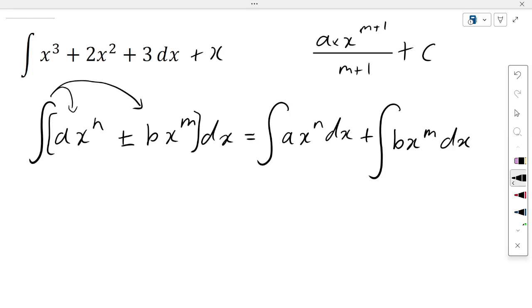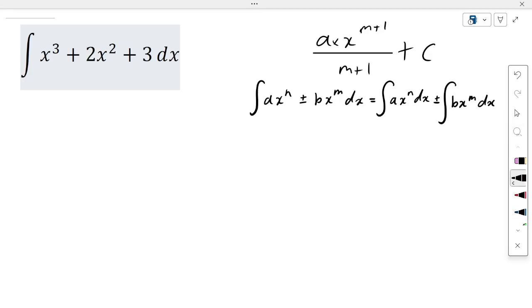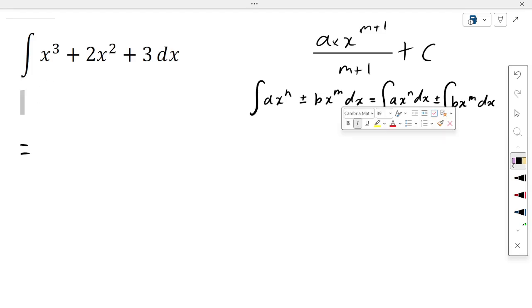So let's use this method to answer this question over here. I obviously left this over here so that we can make reference to it. So I'm going to write my equals right here. We can rewrite this like this. I know it's a lot of work that we're doing, but at the same time, it's just practice.